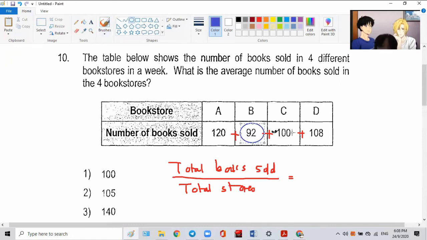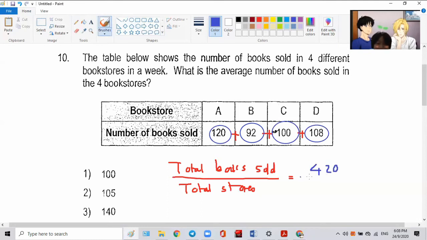Help me, 92 plus 108, what do you get? 92 plus 108. 8 plus 2 is 10. 10 added to the 90 is 100. 100 plus the other 100, so 200. 200 here will be 300, right? Then 420, right? Yeah, so 420.